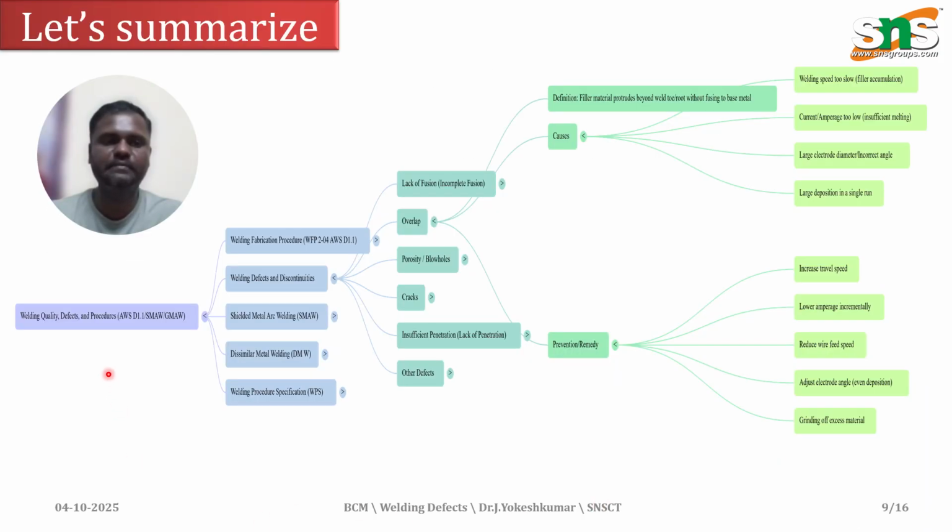Let us summarize. Under welding defects, we have a defect called overlap. The causes for the overlap are improper cleaning of the weld bead and improper parameters, such as slow speed. These are all the reasons. Then how to prevent this? Proper temperature control in the parent metal, and proper cleaning must be incorporated.